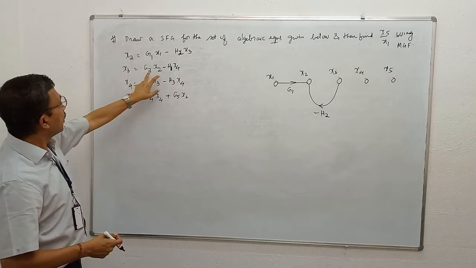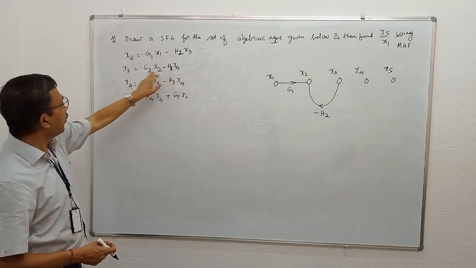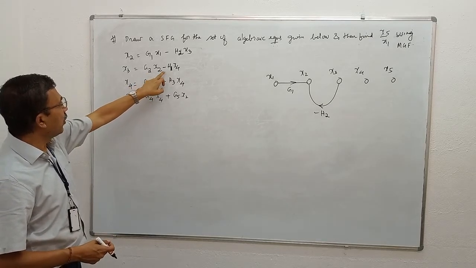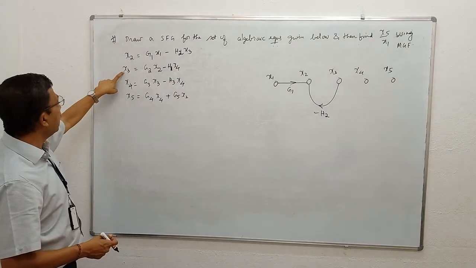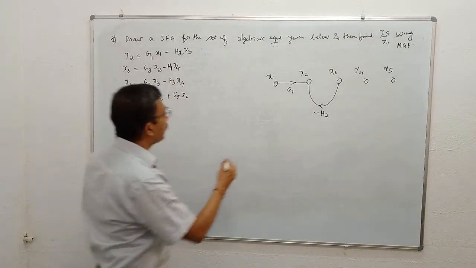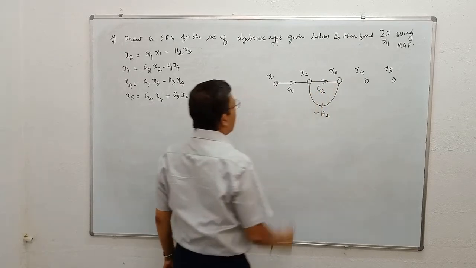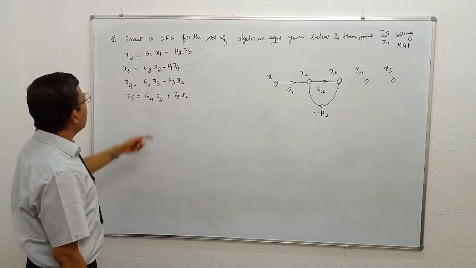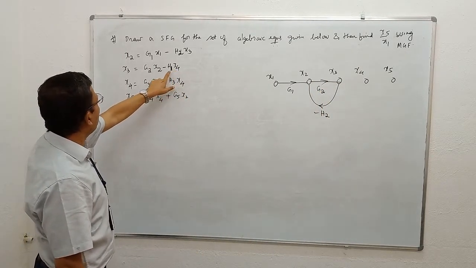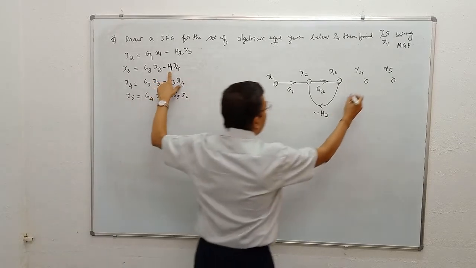Next, there are two signals on the right side in the form of g2 x2 and minus h1 x4 that enter x3. So x2 multiplied by g2 enters x3. Then x4 multiplied by minus h1 enters x3.